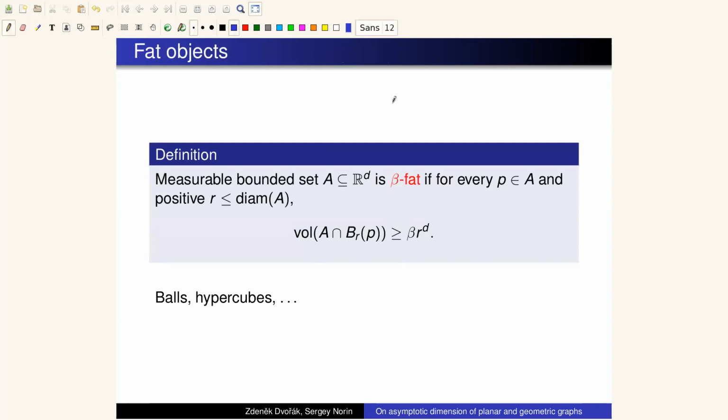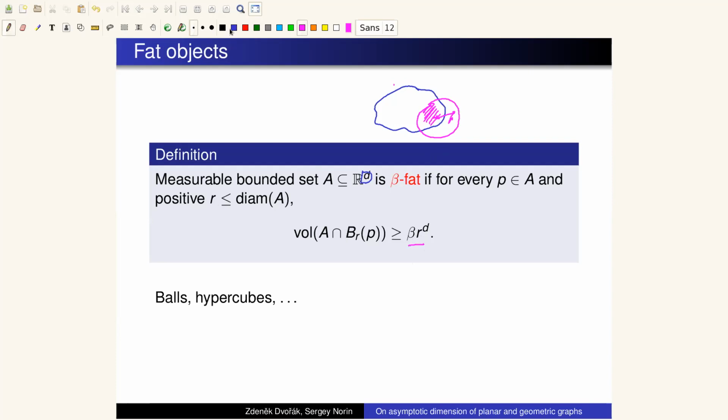So what I mean by a fat object is an object in this d-dimensional space where, if you look at any point in this object and take a ball of radius r around it, which is reasonably small compared to the diameter of this whole set A, then the volume of our object that falls into this ball is reasonably large, grows like this.